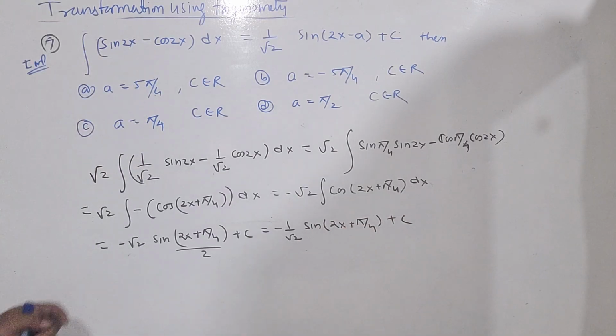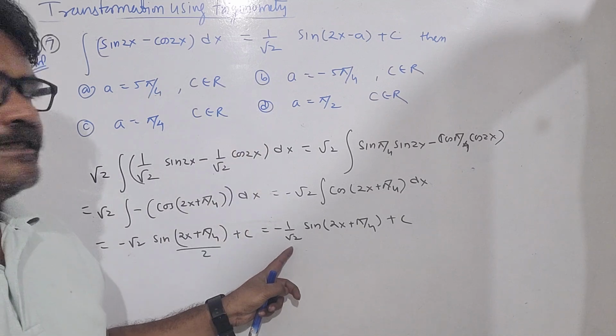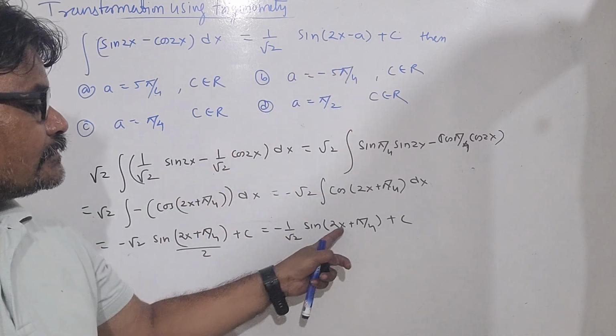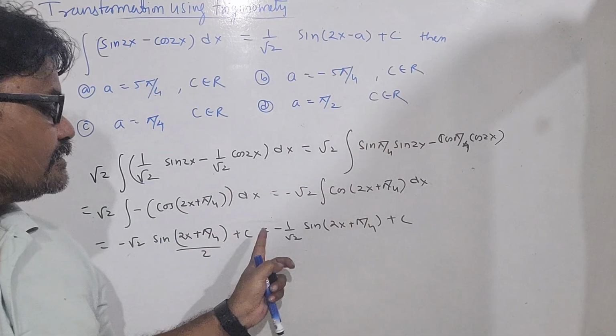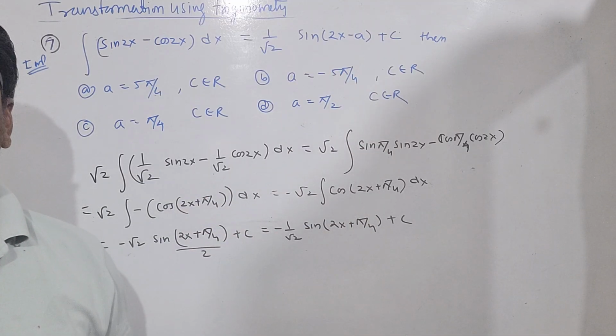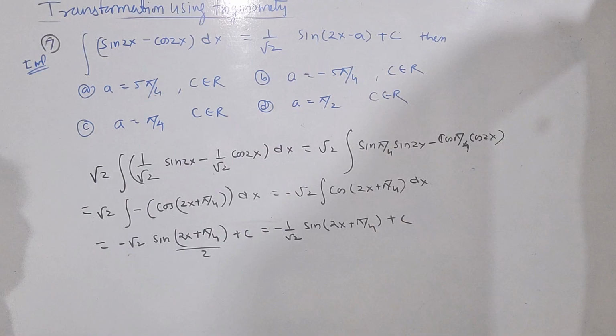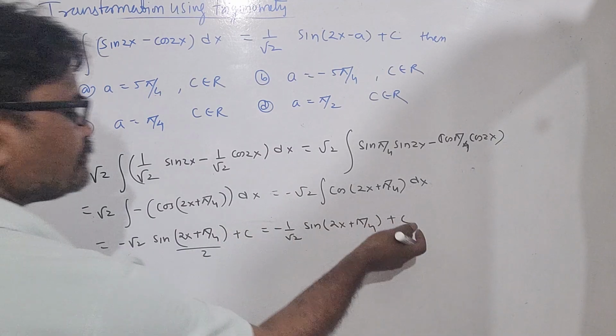But hold on. 1 by root 2 is there, sin of 2x, the form of minus a is there, plus c is there, but this minus is creating the problem. Again here I can use the concept of trigonometry. This minus will go there.